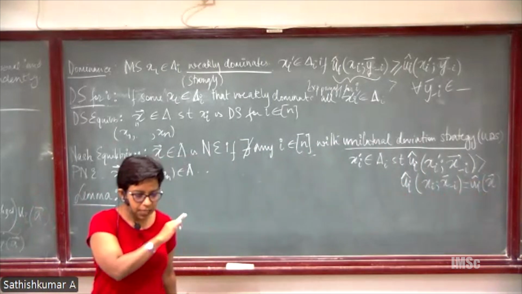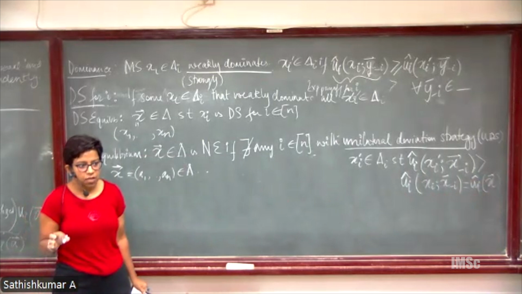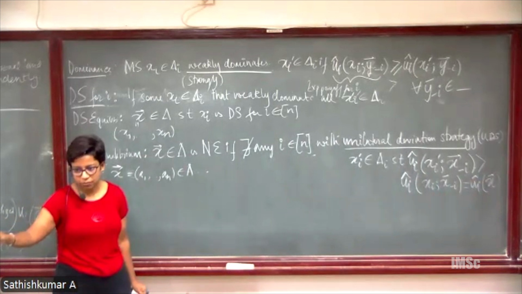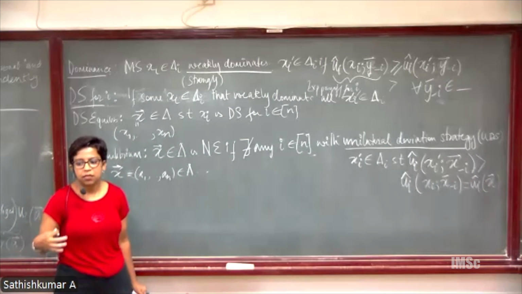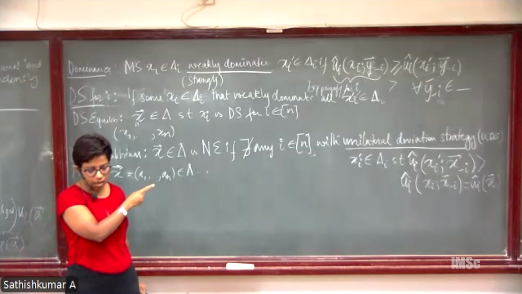Nowhere are we asking the deviation strategy to be a pure strategy. There may be a pure strategy where I just opt to play some action and I get a strictly better outcome. That may happen, or it may not be so. And the only way I can get a strictly better outcome is if I opt for a mixed strategy. Okay, that's what this allows us.